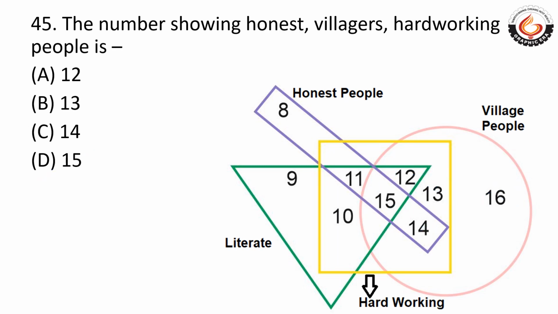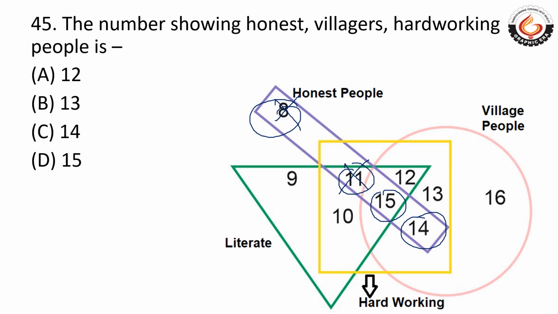The number showing honest villagers, hardworking people is. Now, first of all, we come to honest: 8, 11, 15, 14. Villagers, 15 and 14 are villagers. So this 8 will not be there. Hardworking, this 15 and 14 both are hardworking. Now, they are saying honest villagers, hardworking.